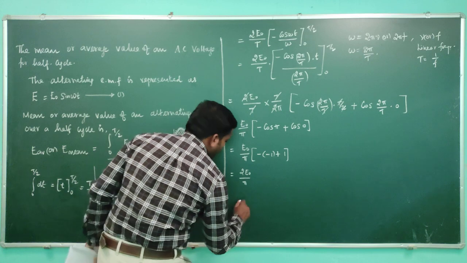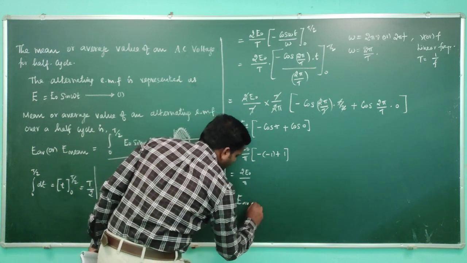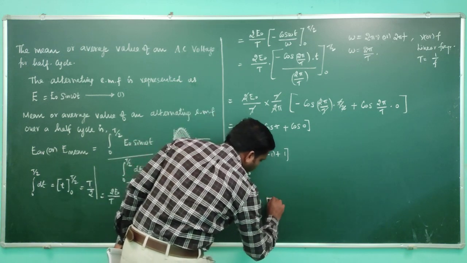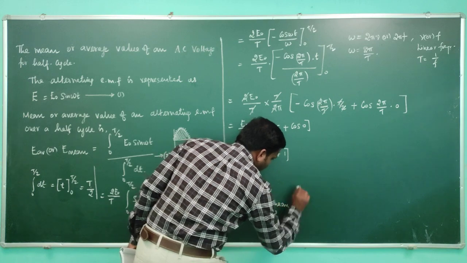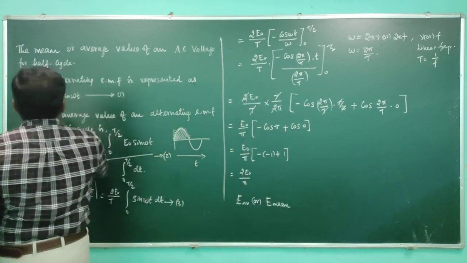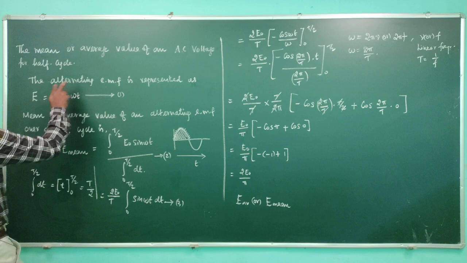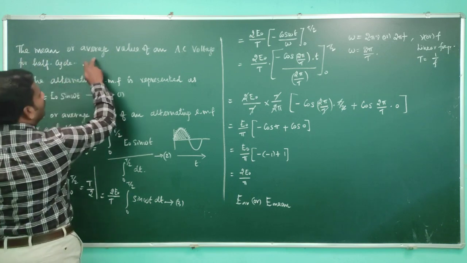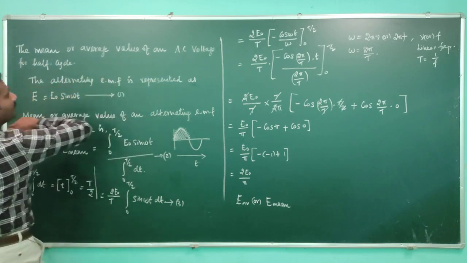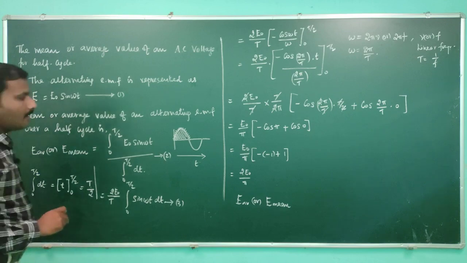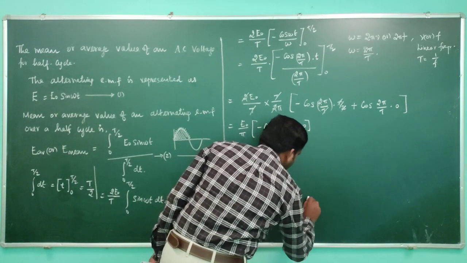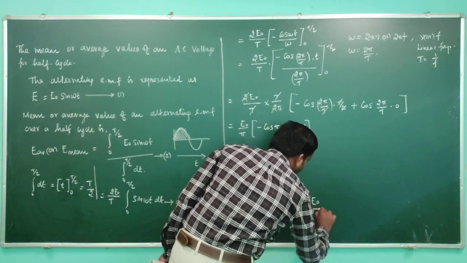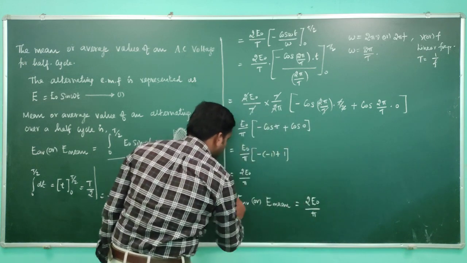So this is nothing but E average or E mean, the mean or average value of an alternating voltage for a half cycle, that is nothing but 2 E naught by pi.